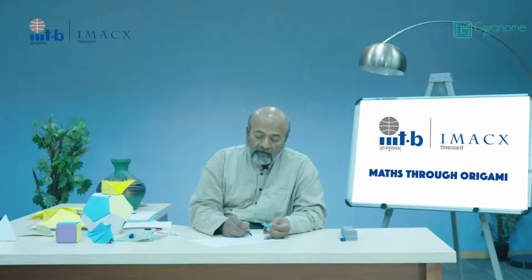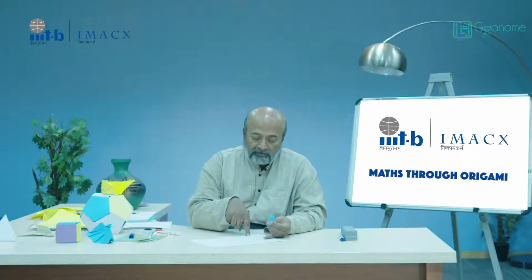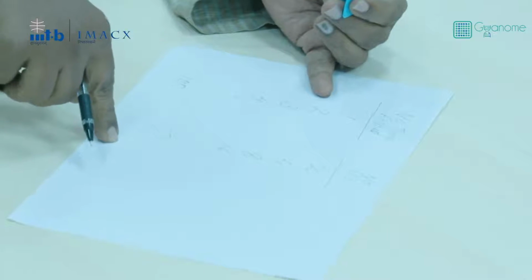I also asked you, if it is folded 100 times, how much is it? Of course, 100 times it cannot be folded. But in mathematics, we can do calculations and tell you exactly how many divisions you get if you were to fold it 100 times.